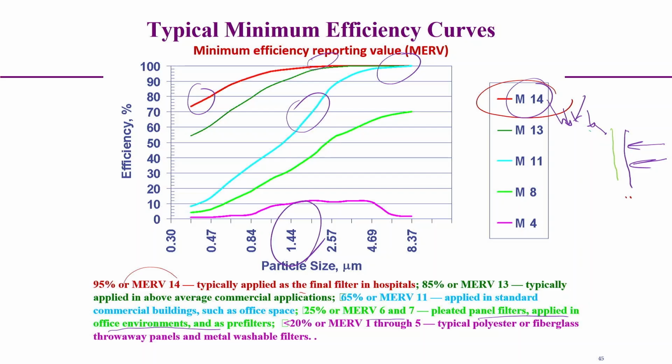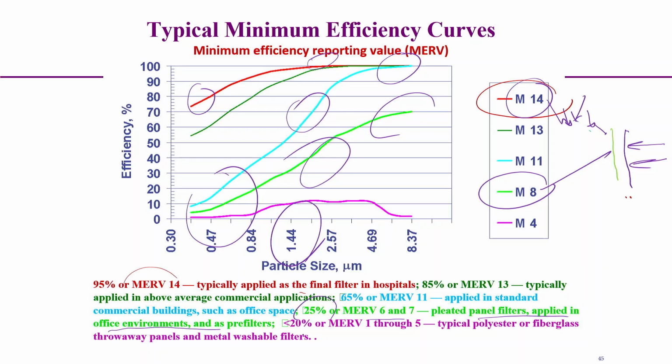There, larger particles will be captured more, but for finer particles the filtration efficiency is very low. For larger particles it can give a filtration efficiency typically around 20-25%.